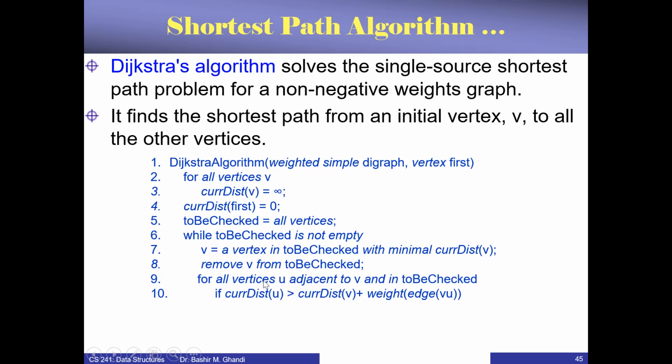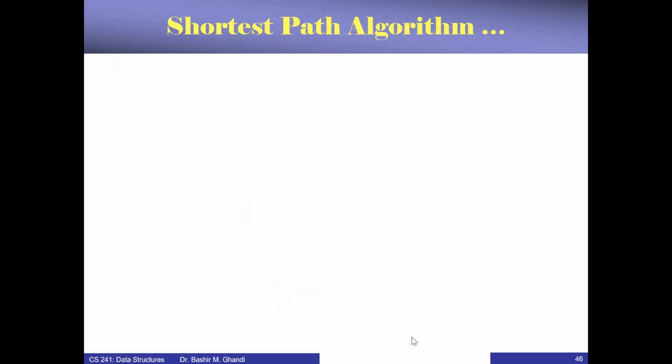If you find that the current value for U is more than this summation, then you update the distance of reaching U to be the cost of reaching V plus the weight from U to V. And you also update the predecessor from which we reach U to be V.